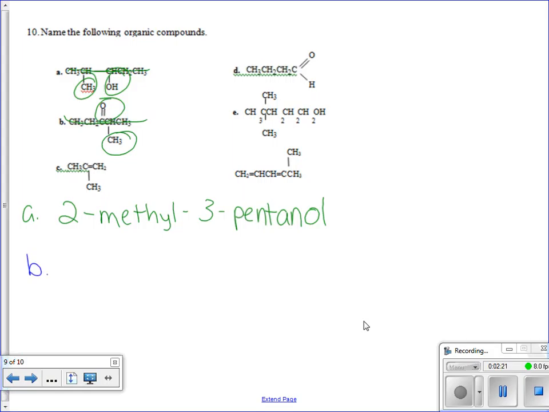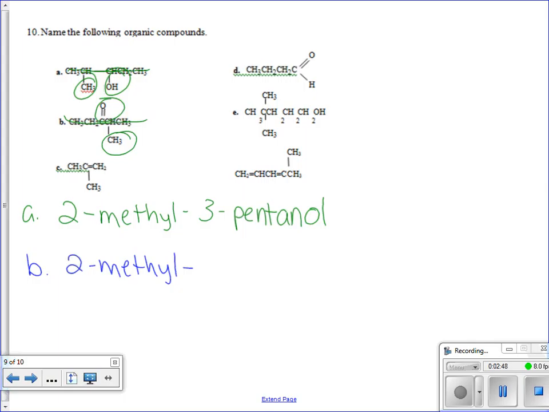We always have to name our branches first. We have a methyl branch. Our branch and our ketone are both closer to the right-hand side of our structure than the left-hand side. So I'm going to start counting from the right. So our methyl is located on the second carbon. So 2-methyl dash. Now we're ready to name our chain.